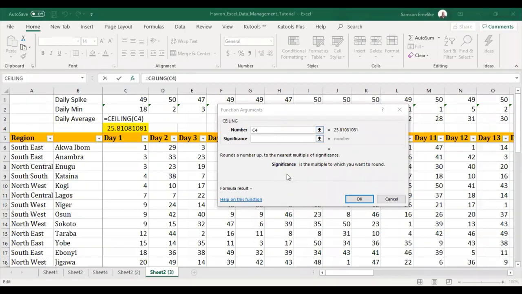Are you seeing it? Yes, sir. Okay, you can see this box, right? Function argument. Yes, sir. So I wanted to be sure that it's also projected.